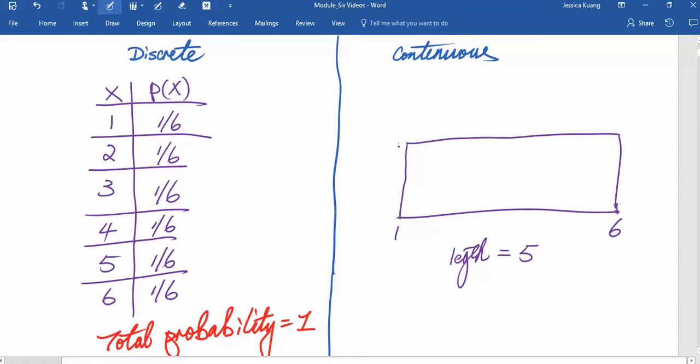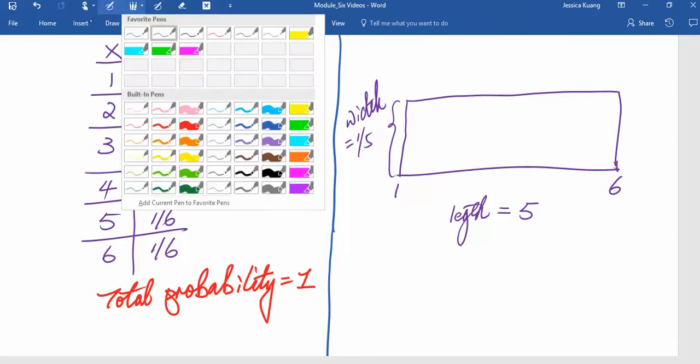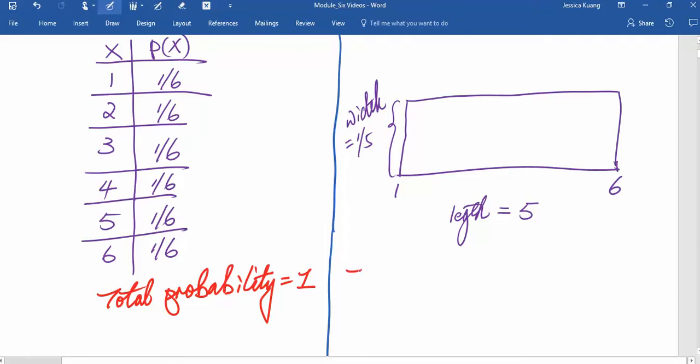If I let the width or the height of this rectangle equals 1/5, then the total area, let me use red, the total area would equal length times width, which is also 1.